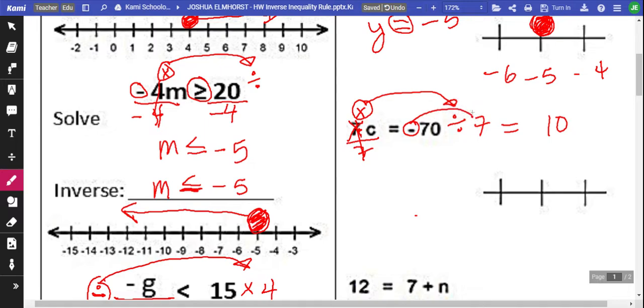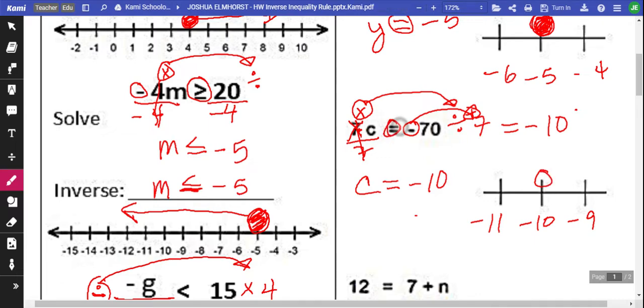And then a negative divided by a positive is going to be negative. So C is equal to -10. On the number line: -10, -11, -9. This is equal, so we're going to just put a solid circle here with no arrow.